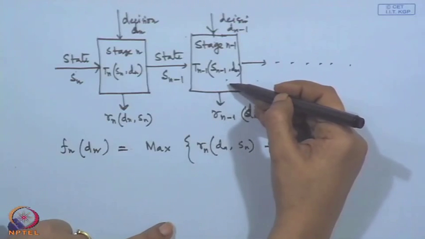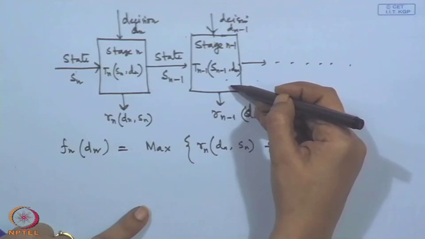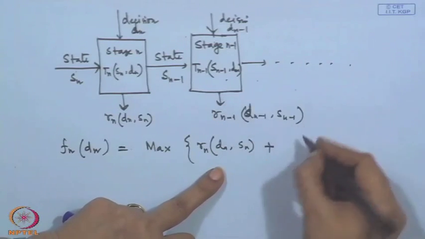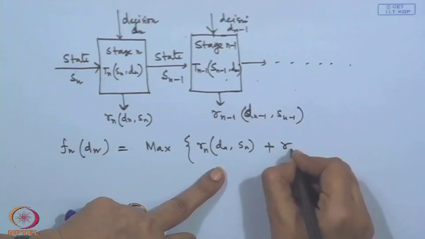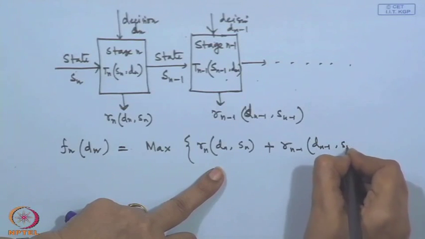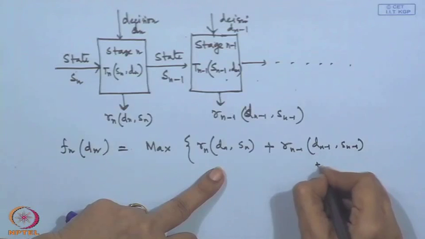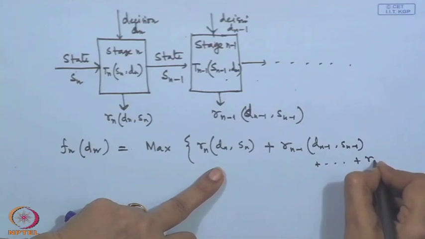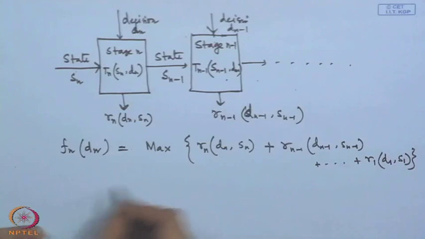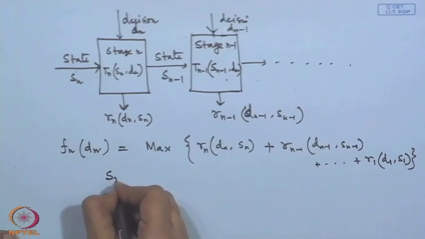Then at this stage, if I want to consider the decision, this is dependent on the return of this value plus the return of the previous one. In this way, we will just proceed to R1, D1, S1.